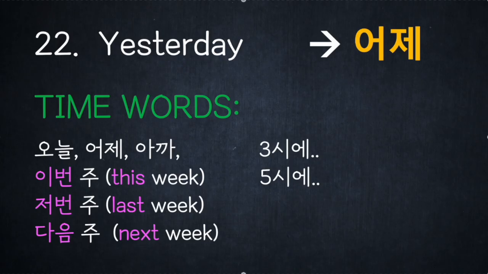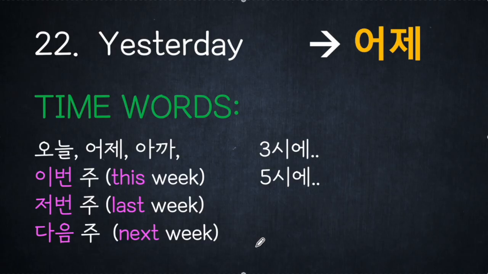This is just to help you remember 어제. So far this semester, these are the time words we learned: 오늘, today; 어제, yesterday; 아까, a while ago; 이번 주, this week; 저번 주, last week; 다음 주, next week.